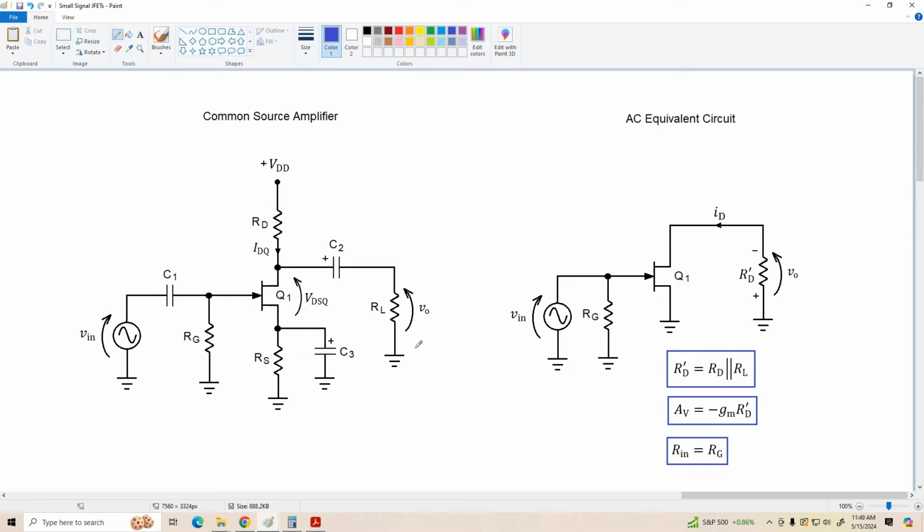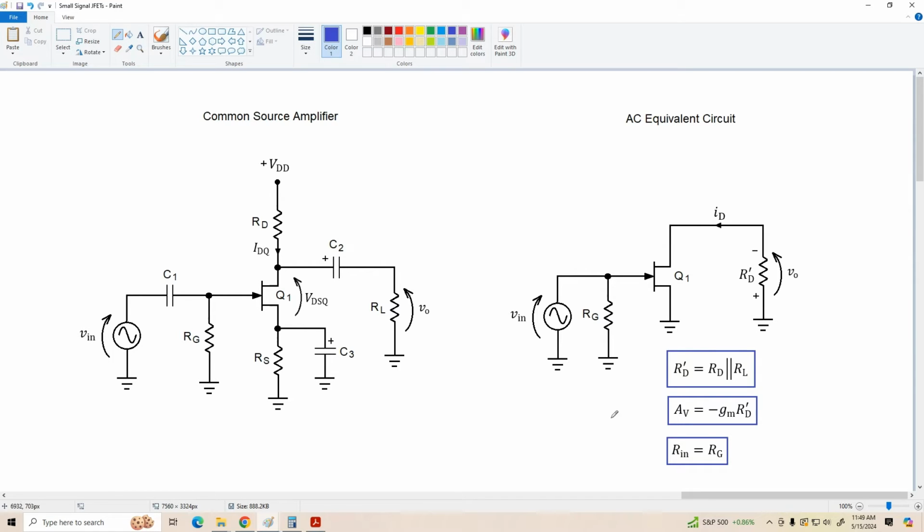The AC equivalent circuit is shown over here. It's pretty straightforward. R prime D is the parallel combination of RD and RL. And notice, because the drain current flows counterclockwise around this loop, that V out is negative when V in is positive going, so we do get inverting gain as we saw earlier.